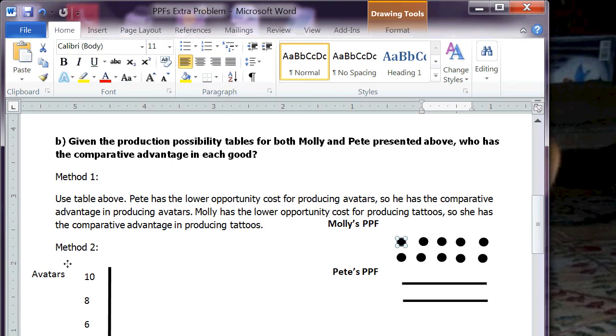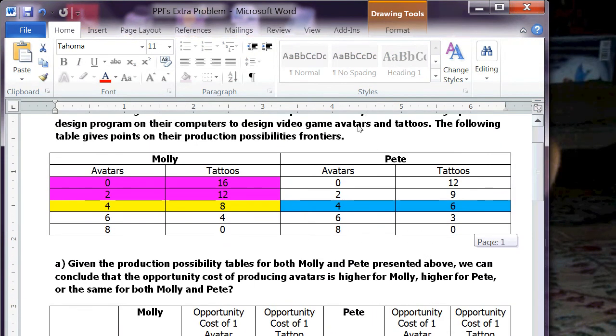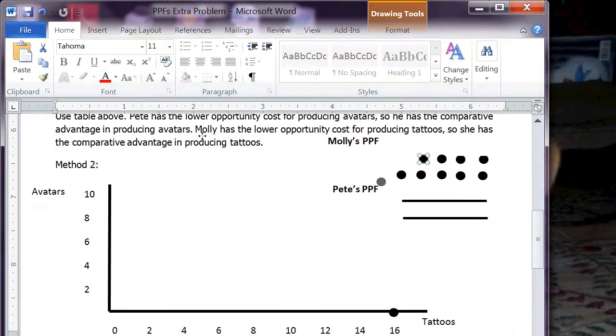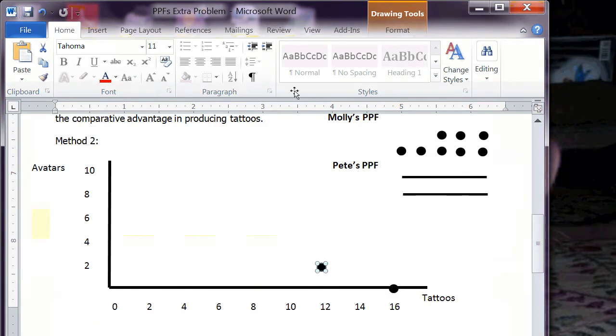We have, at 0 avatars, 16 tattoos. So it's going to be right about there. And then what else does she do? At 2 avatars, she can do 12 tattoos. Right there. 4 and 8. 4 avatars and 8 tattoos.